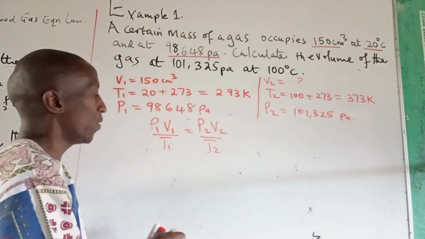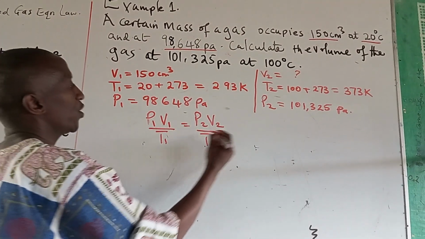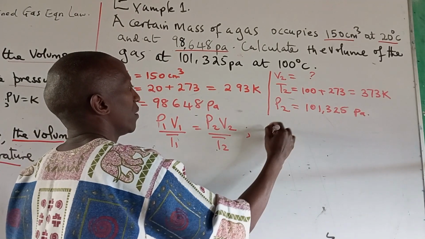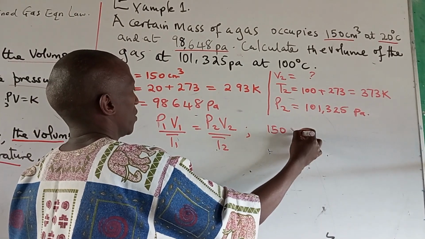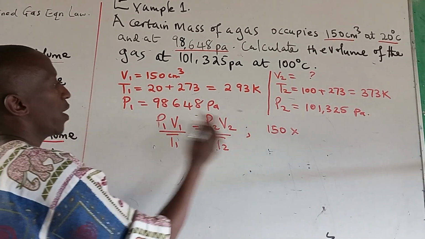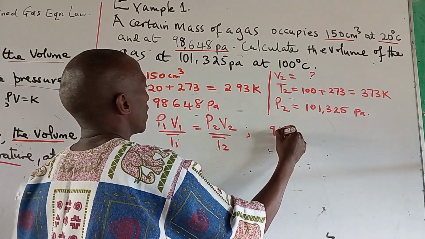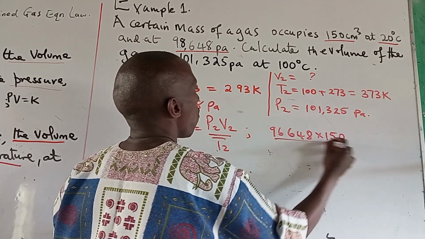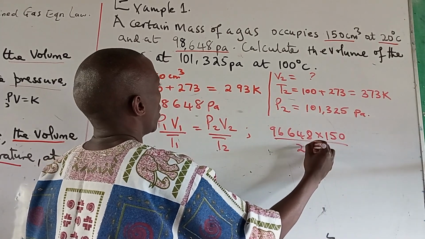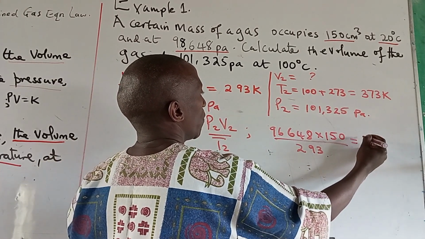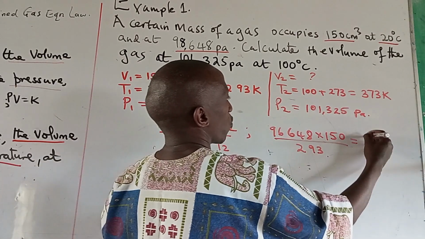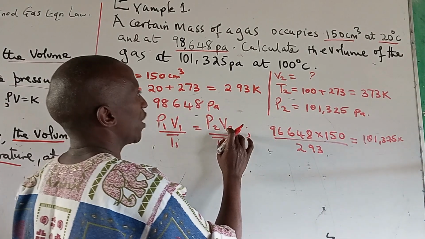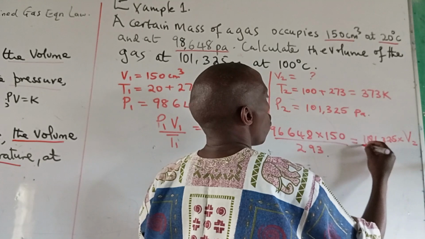And substituting, at this level, we are going to get the values as, maybe we start with P1 at 98,648 times V1, 150, all over the temperature 1, 293, which is equal to P2, that is 101,325 times V2, which we are looking for, all over 373.